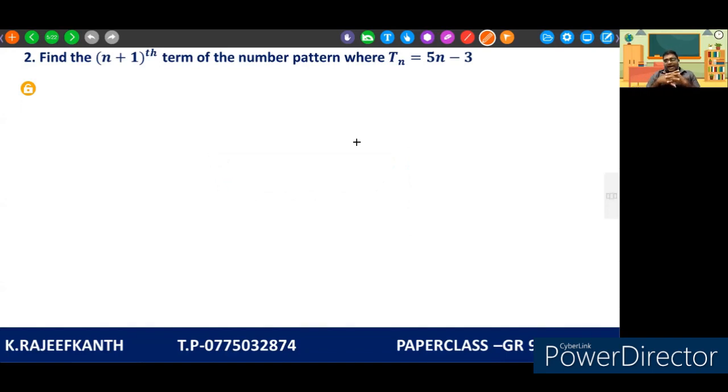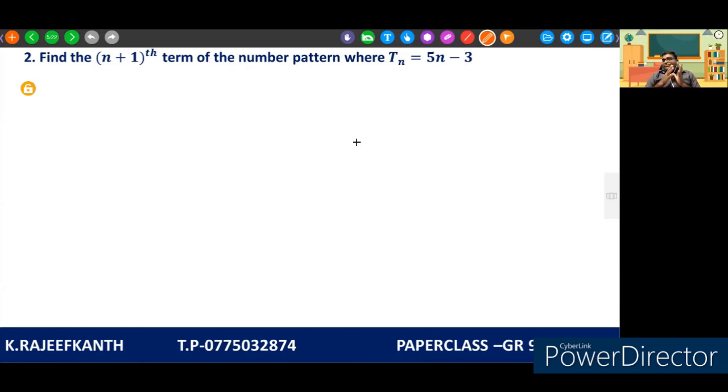Because if you want to find the 5th term, then we will substitute n is equal to 5. If you want to find the 10th term, then n is equal to 10. Here we have to find the n plus 1 term. Then we have to find Tn plus 1, right? So we are going to substitute n is equal to n plus 1.